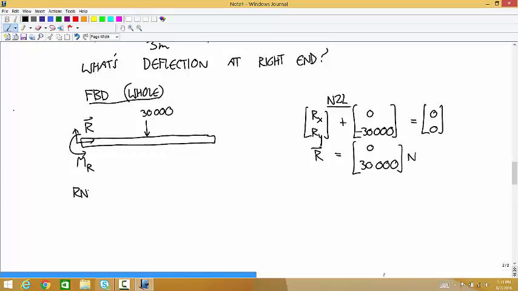And then the moment equation, I'll calculate that about the left end point where that force R is. So we add in that couple, there's an MR. And then what's the moment arm of the 30,000 Newton force?